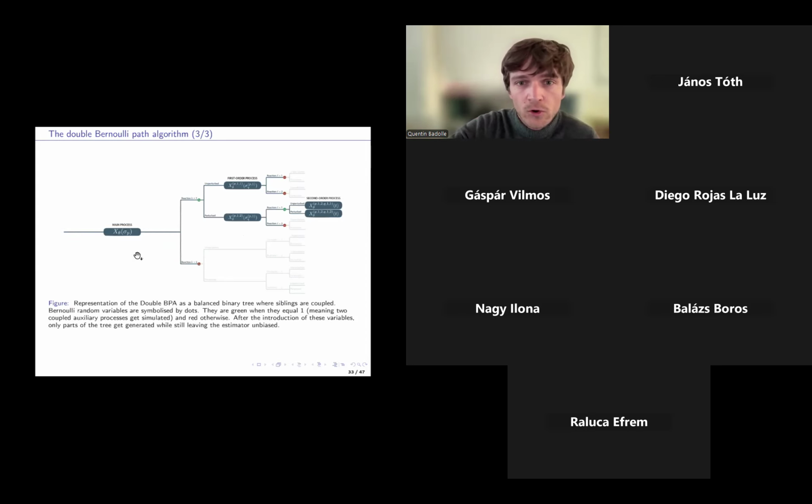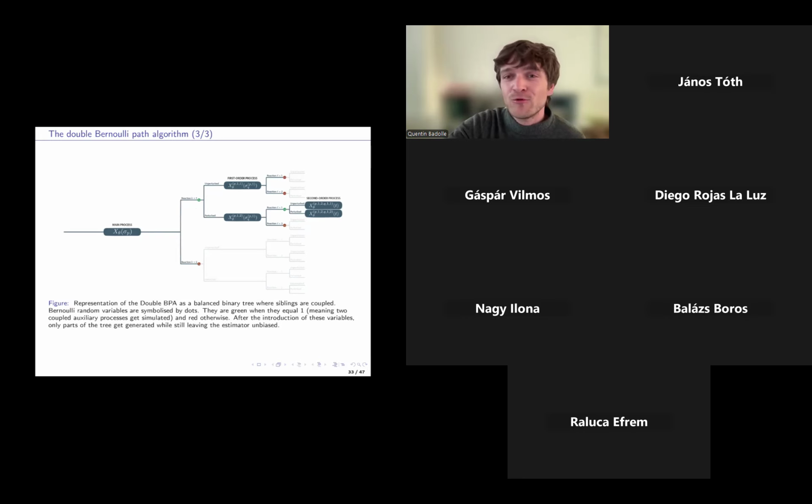So you run your main process, then you have to consider perturbations of the initial state through reaction K equal 1 and reaction K equal 2. So you draw your Bernoulli random variable. If it equals 1, you generate the first order processes, the unperturbed one and the perturbed one.